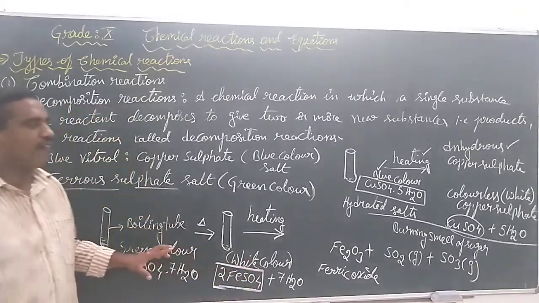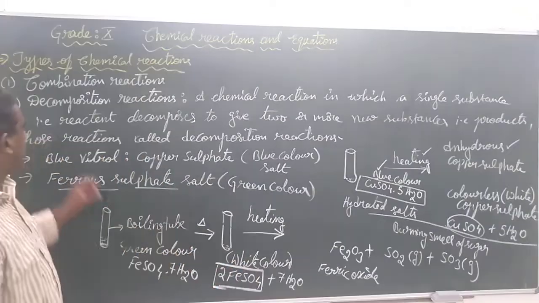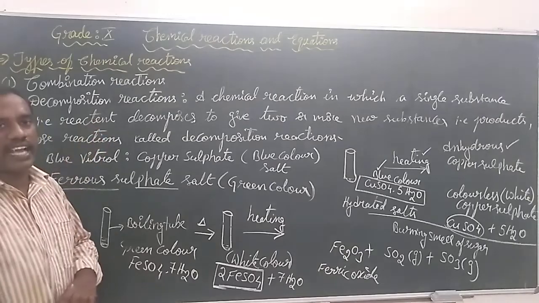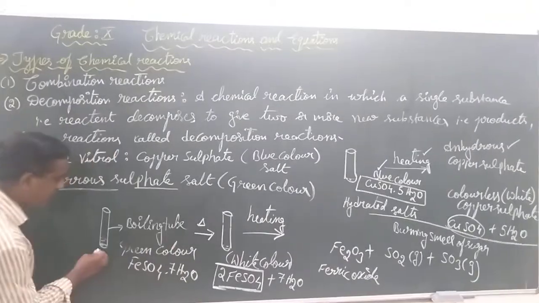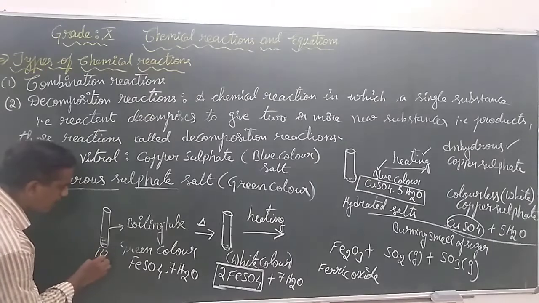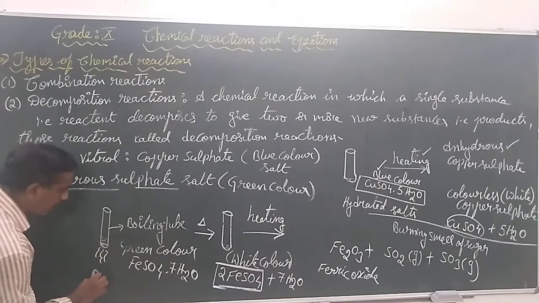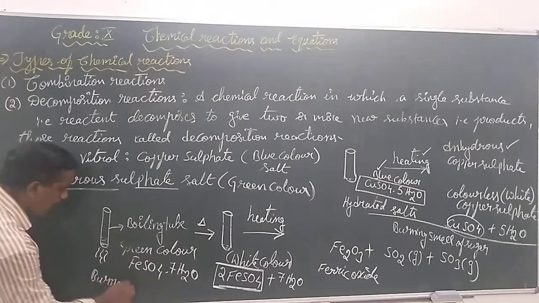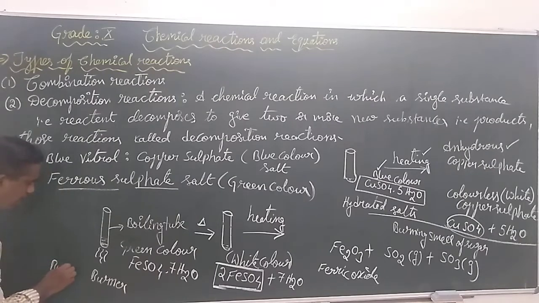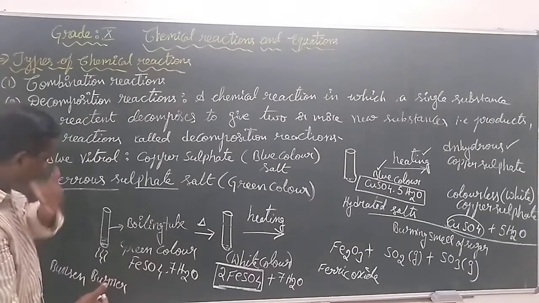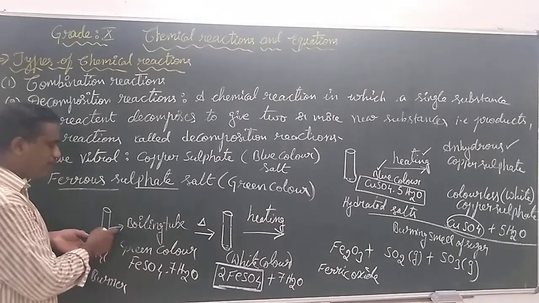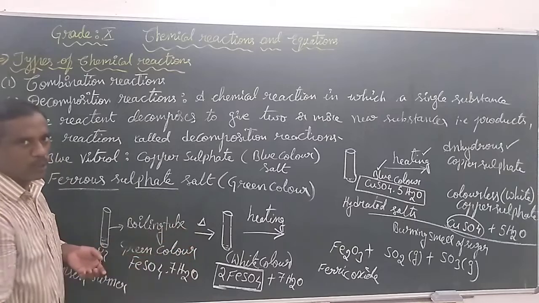This is the first example for our decomposition reactions. We are providing external heating with the help of a burner here. We call it a Bunsen burner. That burner is used to give the fire that makes the heat which breaks down the particles in a boiling tube.